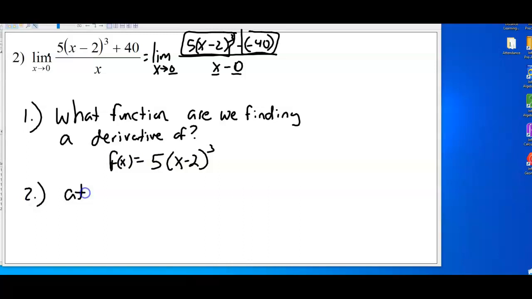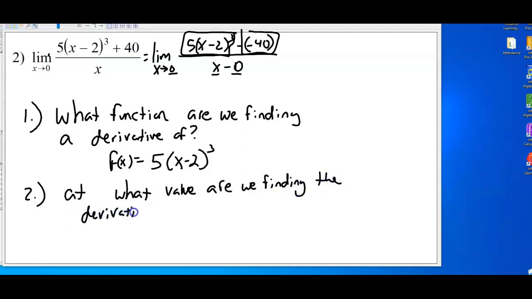So at what value are we finding the derivative? That would be this number here, so 0.